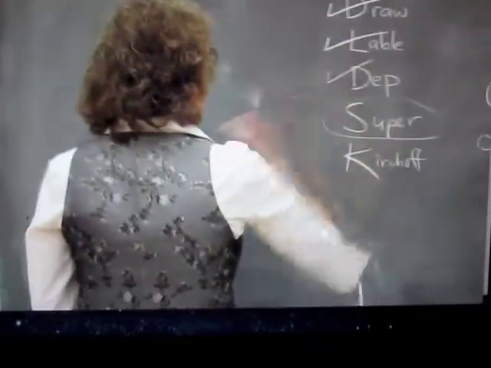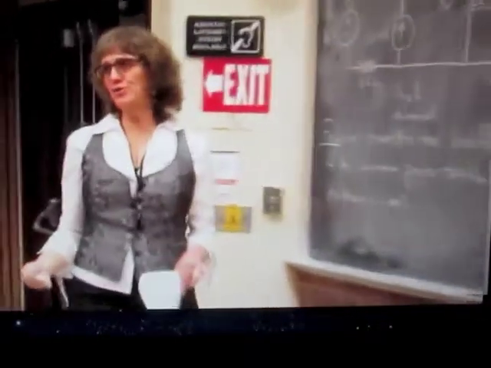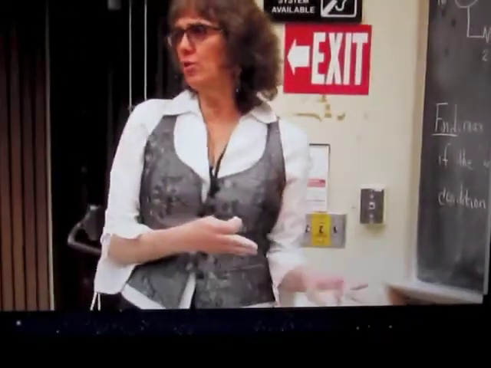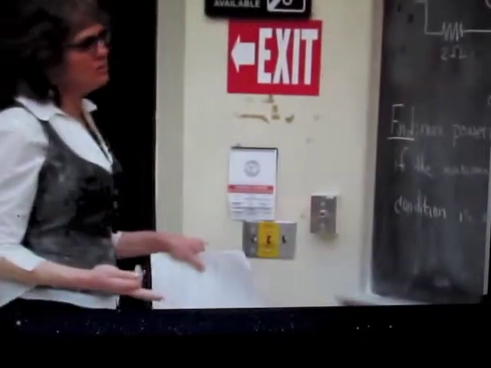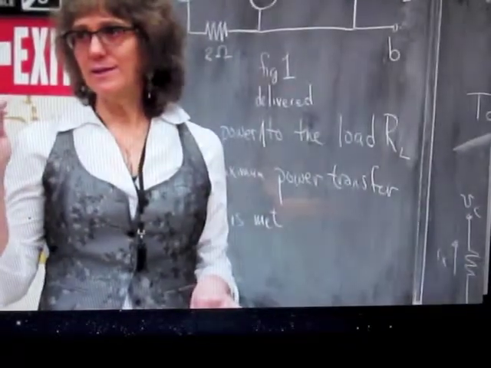Okay. Super stands for, in this case, super node. So we have to identify all the super nodes, and then we need to write an equation that goes along with them. So, do we have any super nodes? You have to know the definition of a super node. Anyone know it?